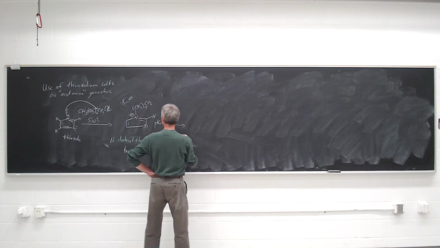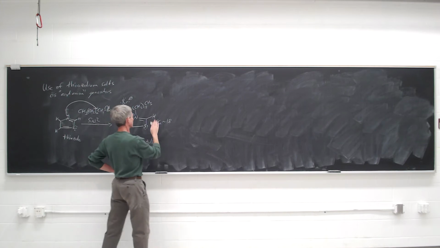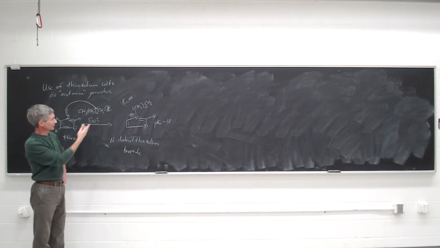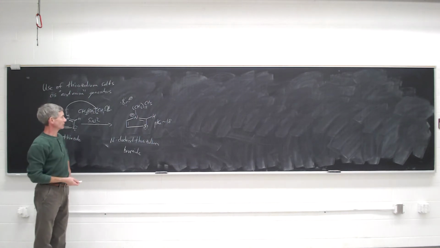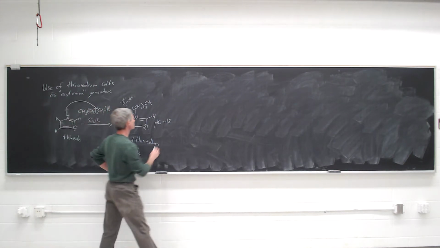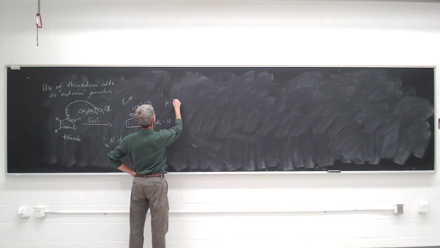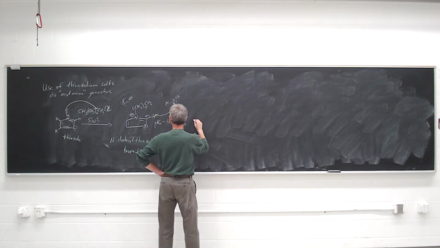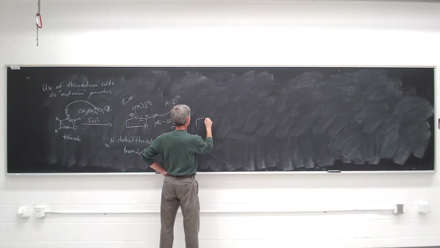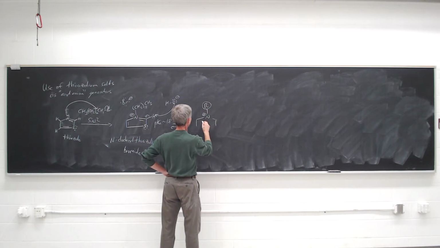It is resonance stabilized when the hydrogen is removed, and that hydrogen can be removed by alkoxide bases because it's enough more acidic, or by hydroxide even. And we'll just call that R now.